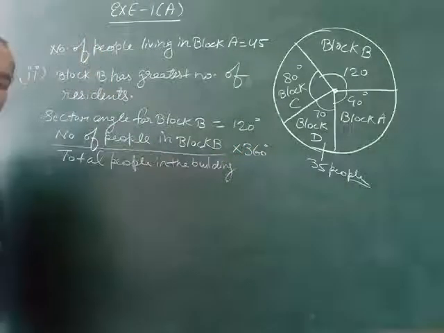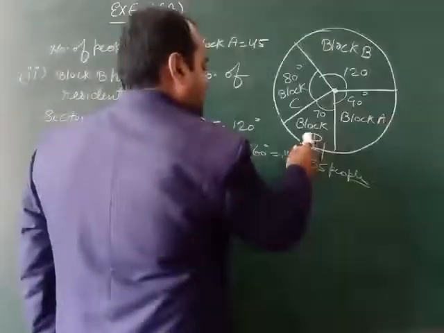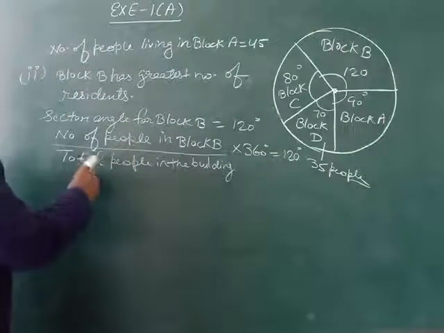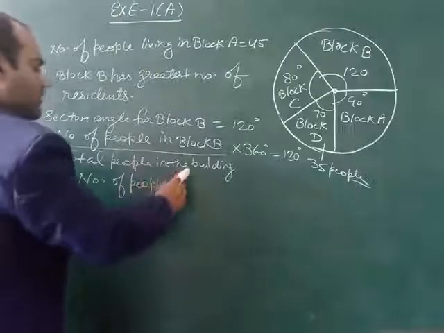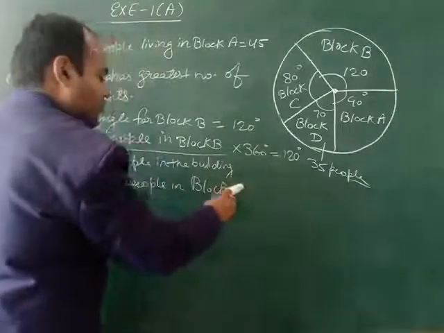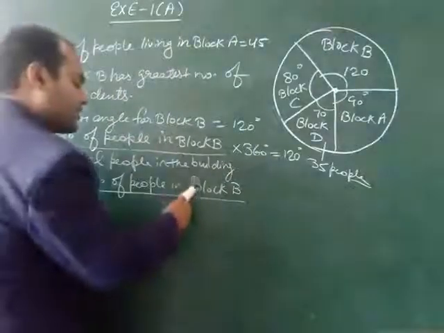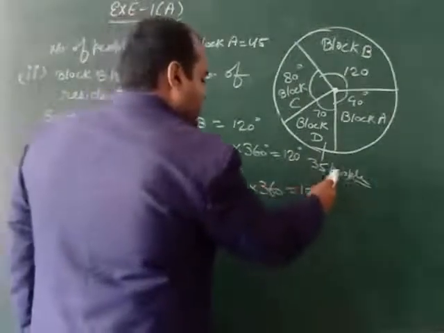This is the formula for sector angle, but on the right hand side it is 120 degree, so we will write that also. Now number of people in block B we have to calculate, but total people in the building we know, 180 are there, into 360 is equal to 120 degree.